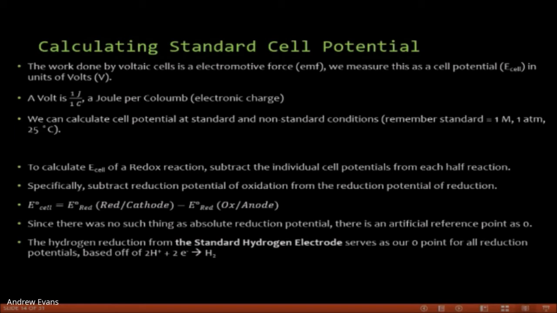Because there's no such thing as an absolute reduction potential, we're going to have an artificial 0 point. All these were measured with respect to one point, and we're saying that's 0. So when we look up the table, the standard hydrogen electrode will be our artificial 0 point. The reaction of protons going to hydrogen gas is where we set our 0 point. Is that really 0?